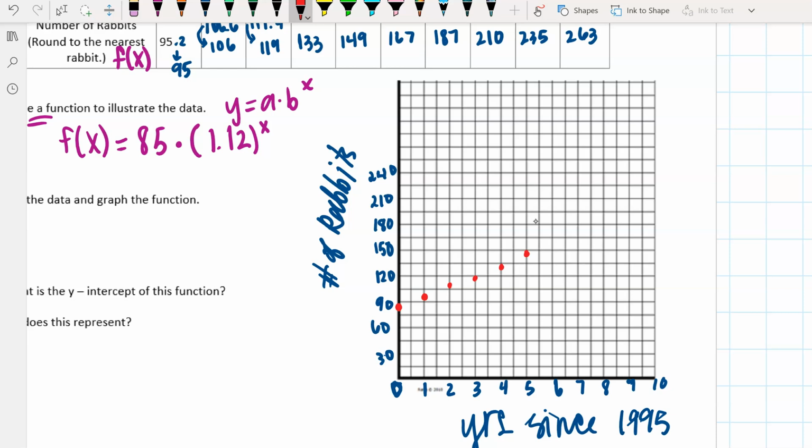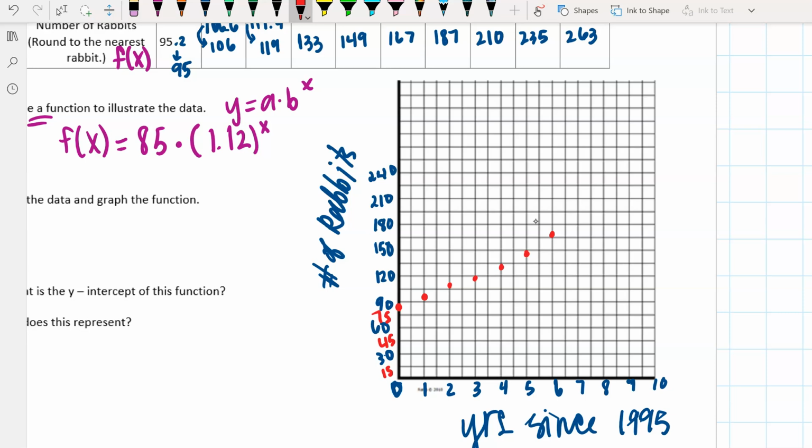We're going to just continue this process. So make sure that you're trying to get everything as close as you can. Remember, we went by 15s. Okay, so 15, 30, 45, 60, 75, and so on. Make sure you're understanding we went by 15s.